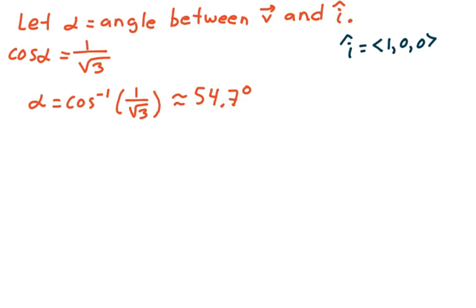And so, again, I could have let beta be the angle between v and j, and I claim cosine of beta is 1 over the square root of 3, and beta also would be approximately 54.7 degrees. So it didn't matter which edge you chose, you would get the same answer.